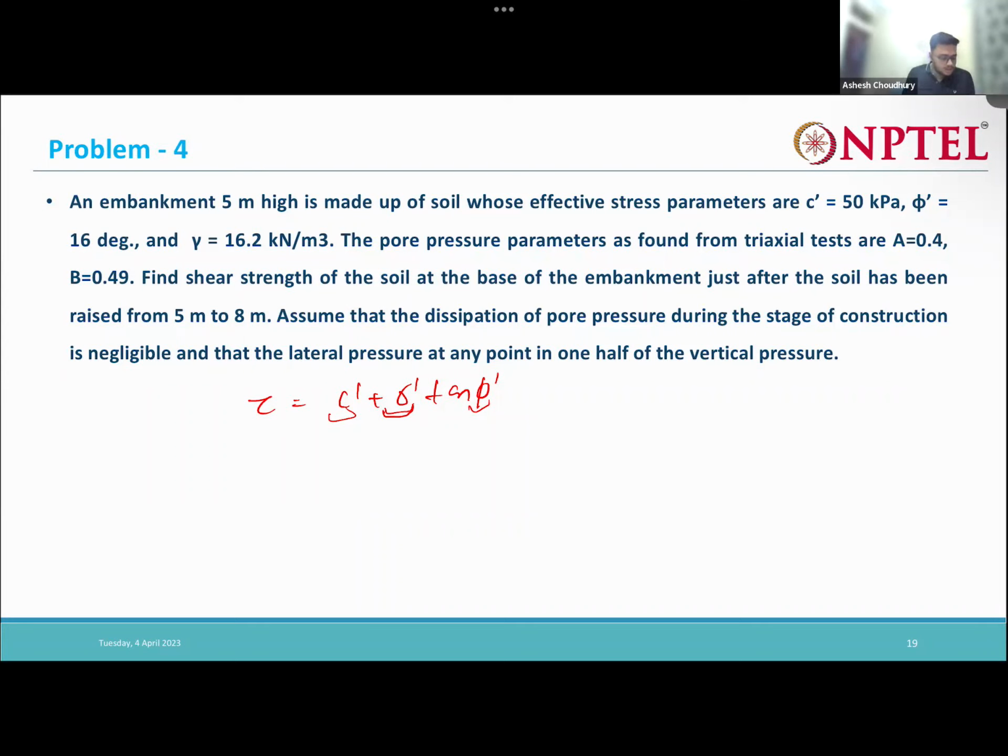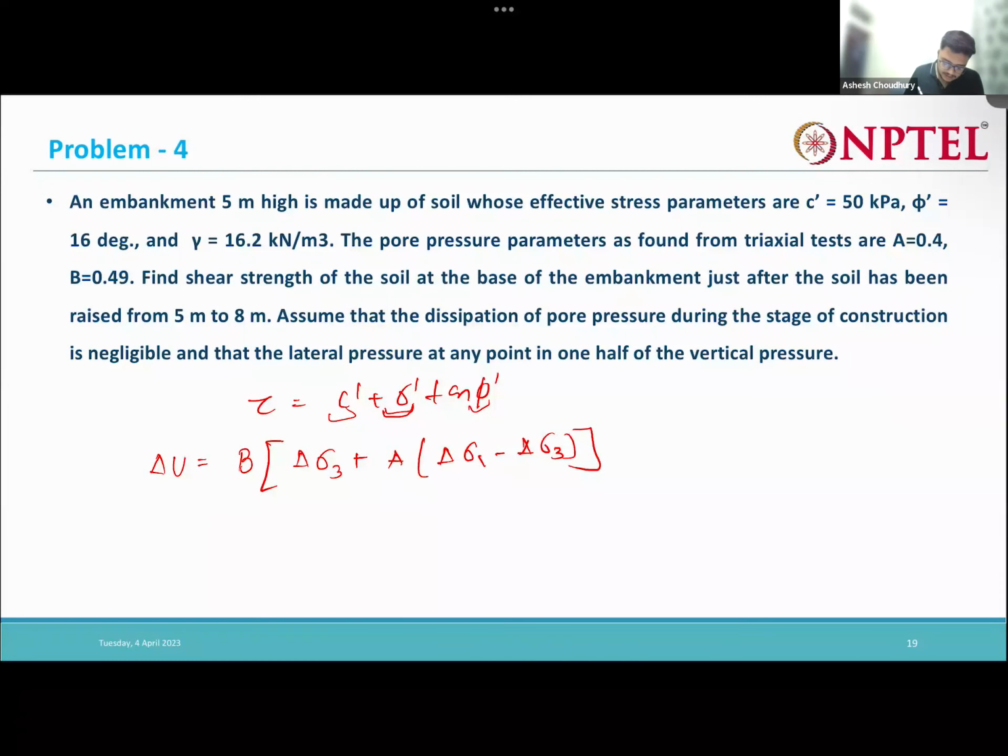Okay, so what is my delta U? This, right? So this is my expression for the increase in pore water pressure.